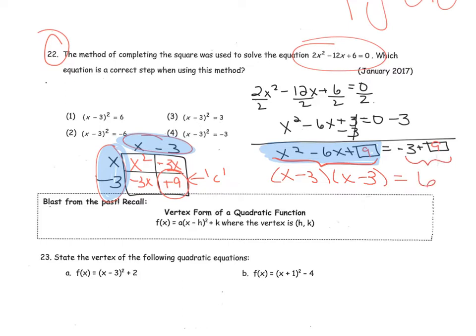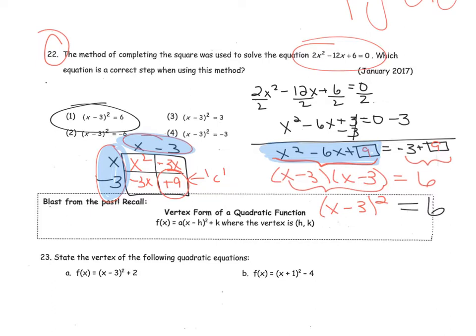X minus 3 times x minus 3 is just x minus 3 squared. We have 2 copies of this, hence the 2. And this equals 6. And the only answer choice that looks like this is number 1. All right, let's keep going.